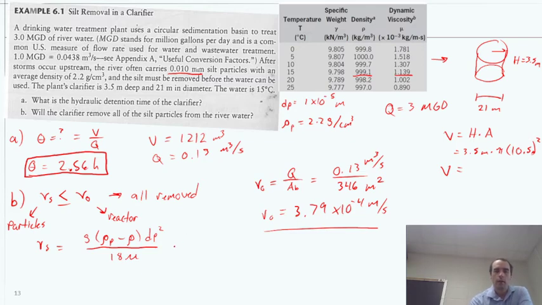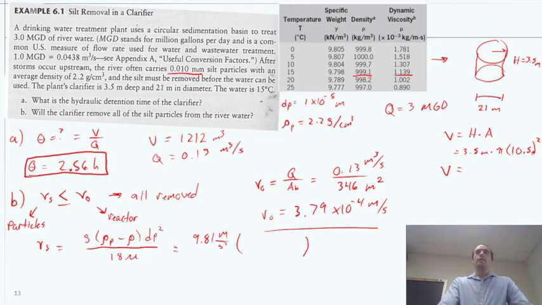So I'm going to go ahead and rewrite these. Acceleration due to gravity is 9.81 meters per second squared. Then multiply that by the density of the particle minus the density of the water. I'll do the conversion, but we also have a shortcut.